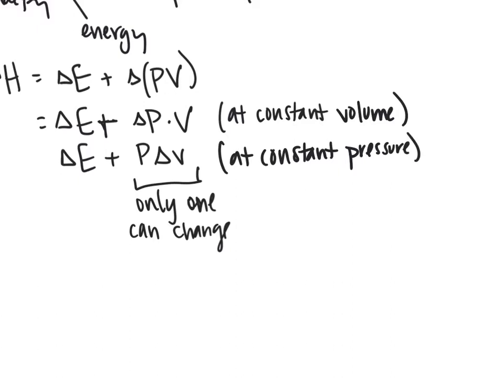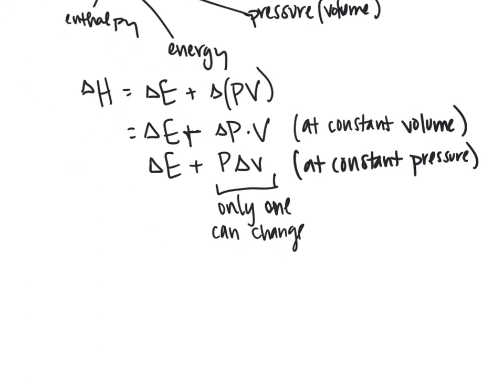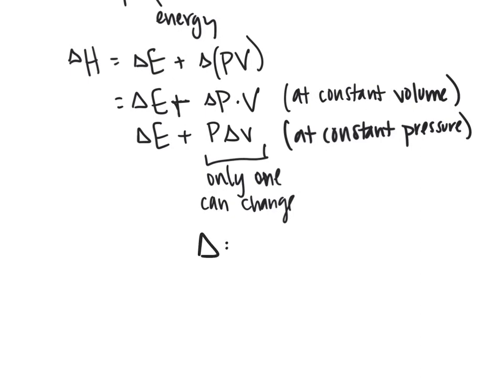If it's at constant volume and it gets bigger, we're going to change the pressure inside the system, or the pressure will be the same and the volume of the system will change. We know that in this case, the delta always means final minus initial. That's going to be true no matter what we're looking at the change in. And so when we think about this, we can start to think about what it means for the change in enthalpy.